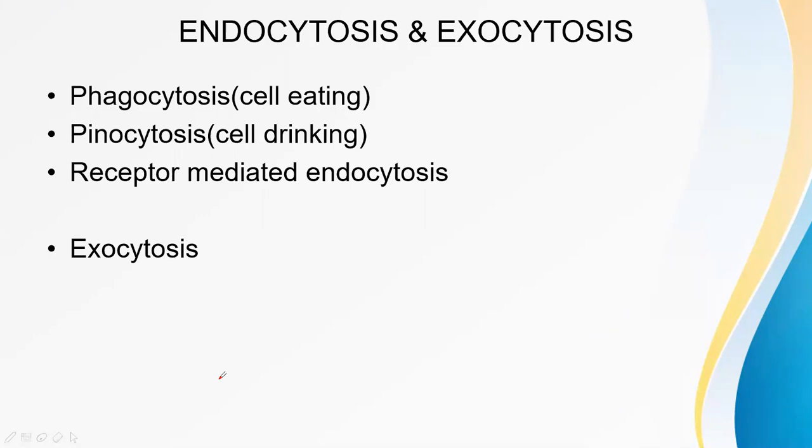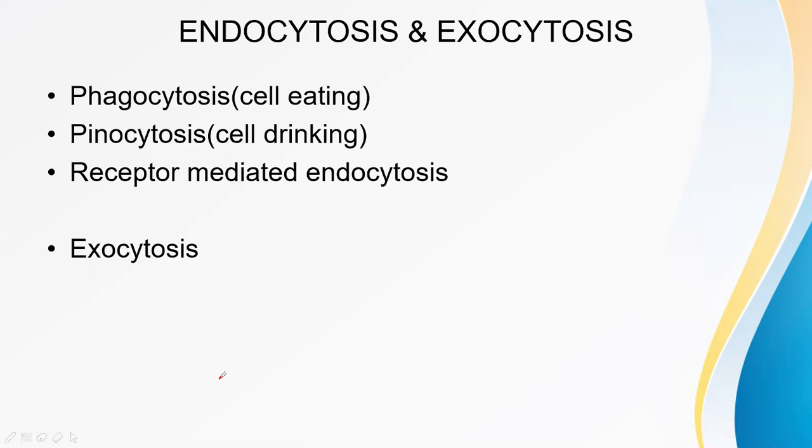Apart from endocytosis, there is another method we call exocytosis. Exocytosis is when a cell produces waste, and this waste goes out from the cell. This process we call exocytosis.